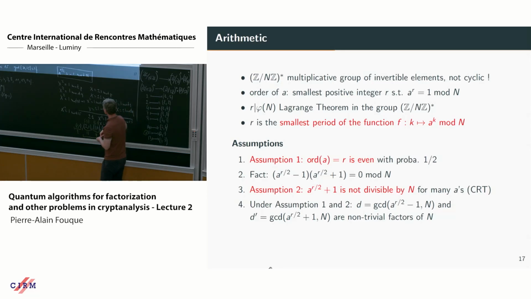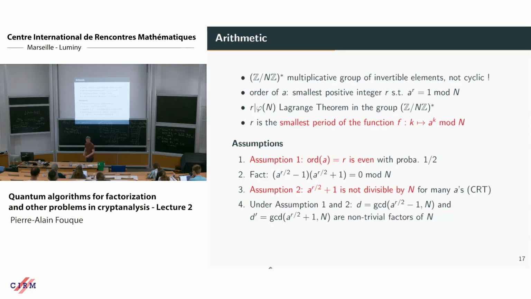By writing this, I will remove this solution. I know that this solution is not possible, and with the second assumption, I will remove this solution. So this solution is a trivial root of unity, and it is not important to factor.